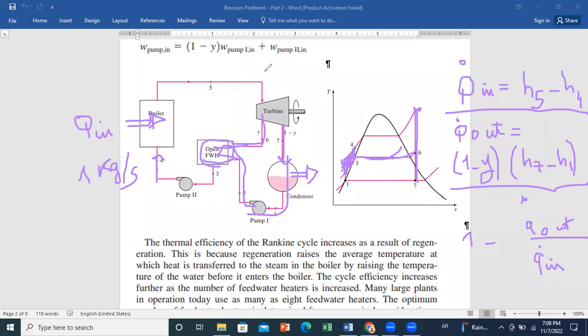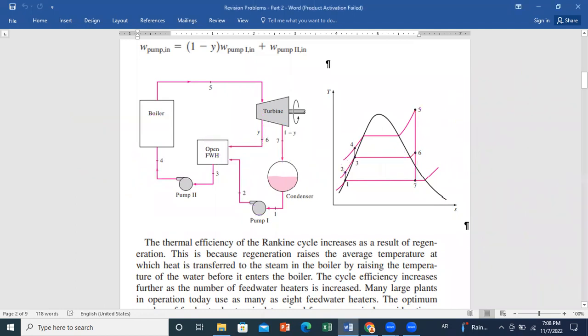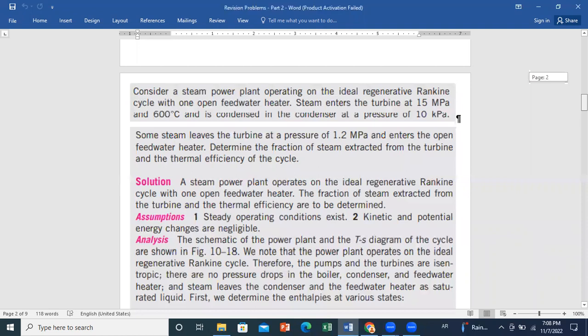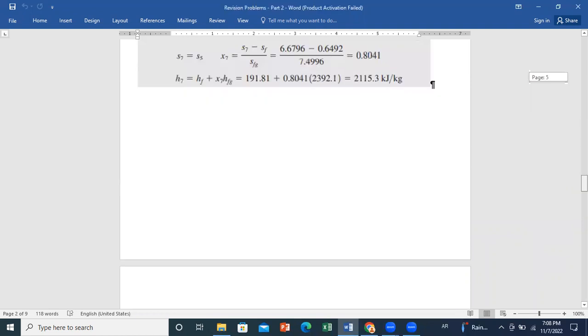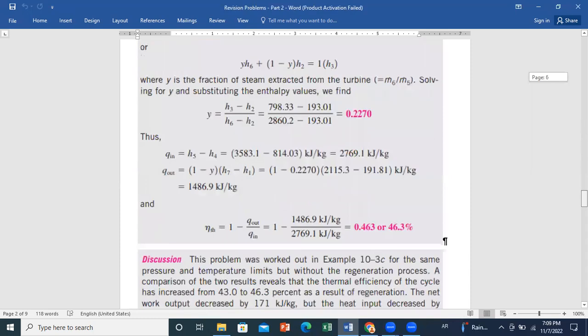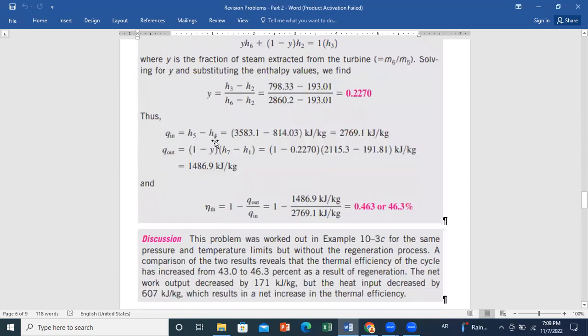So now, once we write the equation for efficiency, we can consider that Q dot in is H5 minus H4, and Q dot out is 1 minus y times H7 minus H1, and then we are ready to calculate the efficiency. The efficiency overall is, as we know, the work output W net over Q dot in.